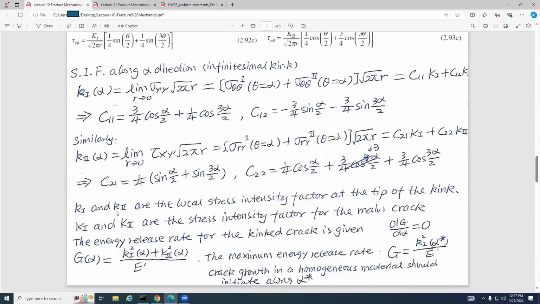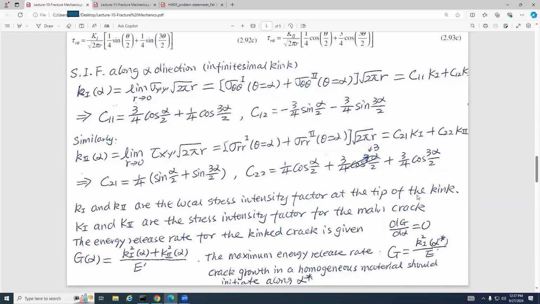Lowercase k1 and lowercase k2 are the local stress intensity factors at the tip of the kink. As I said, a kink is a very small crack just near the crack tip of the bigger crack. This is the bigger crack, and these three are kinks.